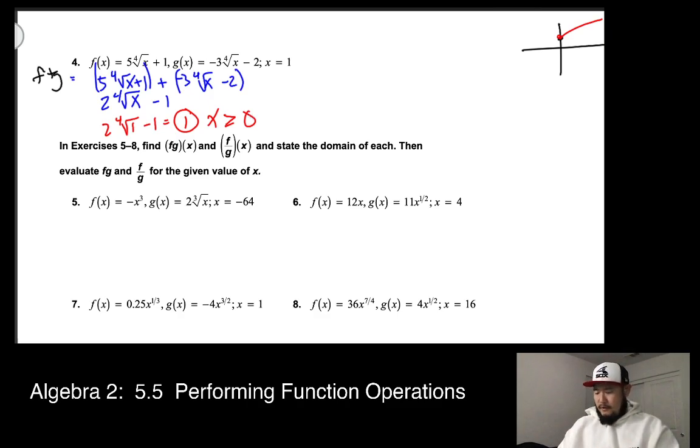All right, so for the next part, let's take a look at f minus g. And so over here, I've got 5 times the fourth root of x plus 1. And then we are going to subtract negative 3 times the fourth root of x minus 2.